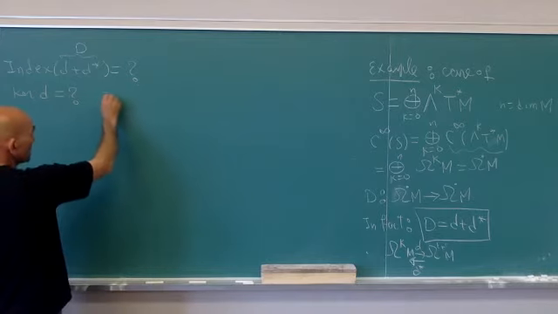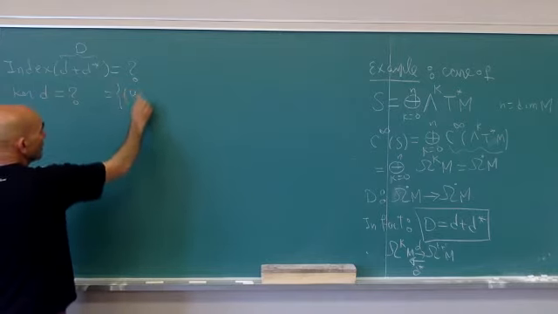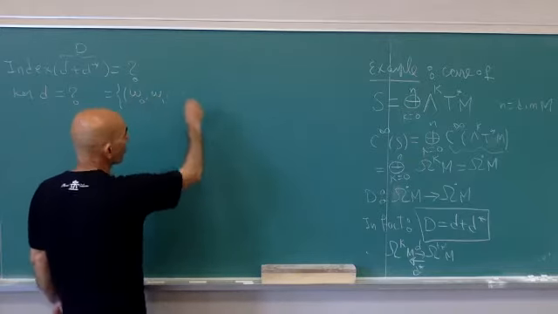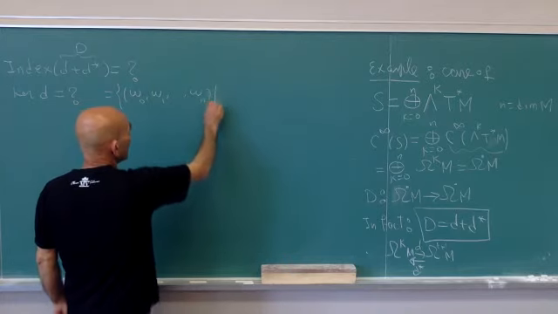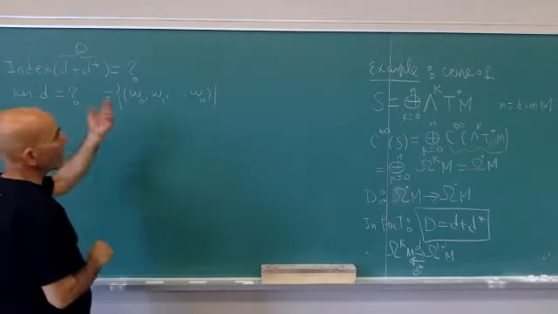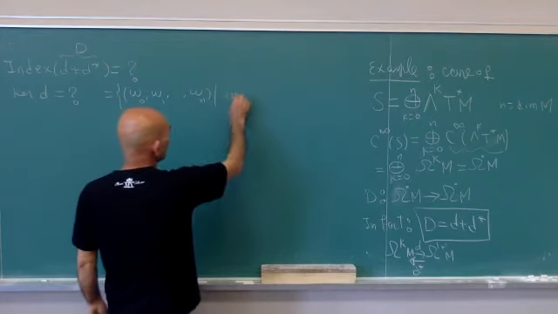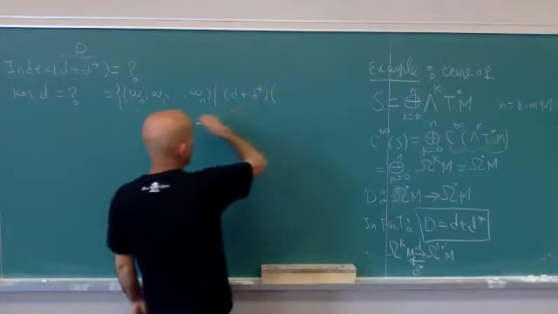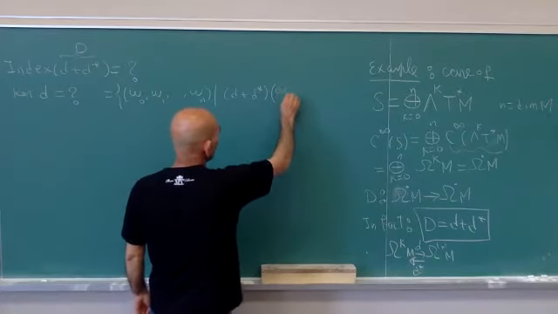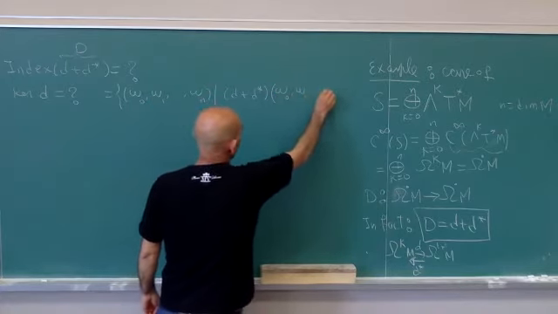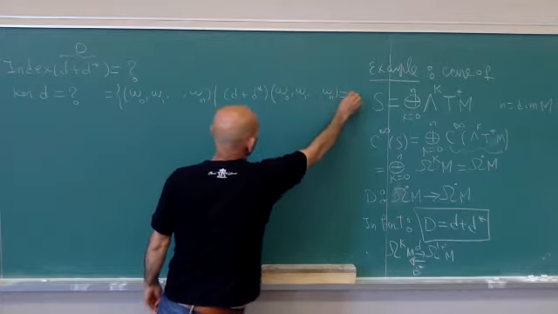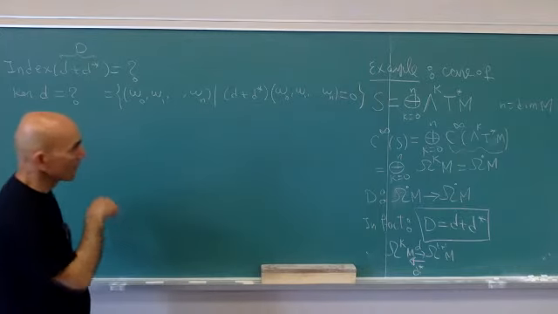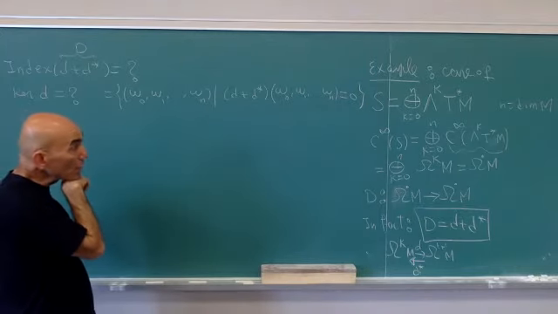This is just the set of all 0-forms, 1-forms, up to n-forms, such that (d plus d star) of this is 0. D star acts collectively on omega 0, omega 1, ..., omega n, and the result is equal to 0. Okay, so what is that?